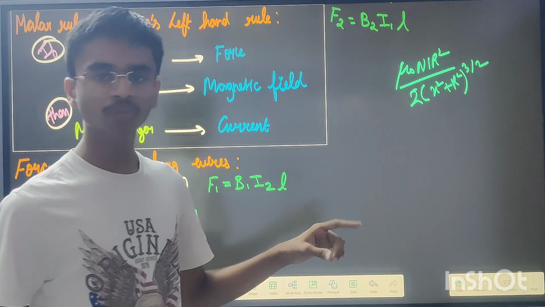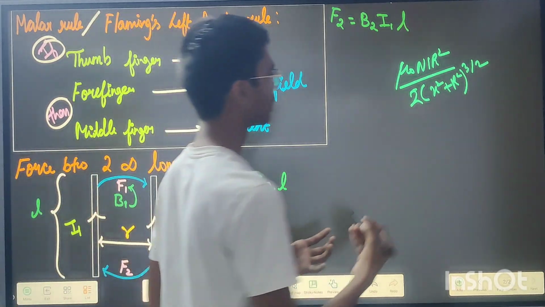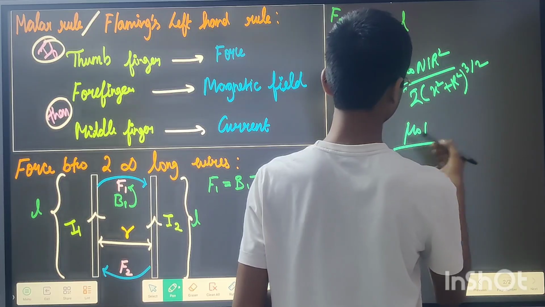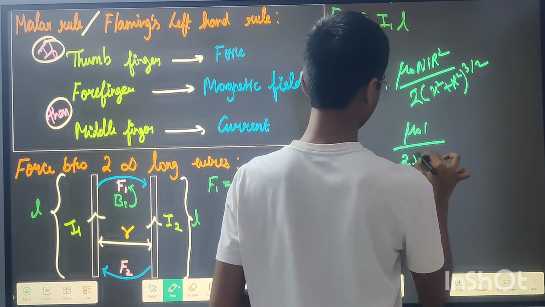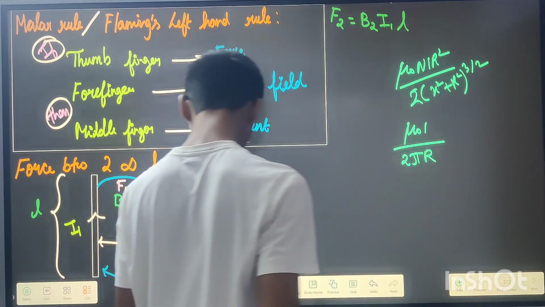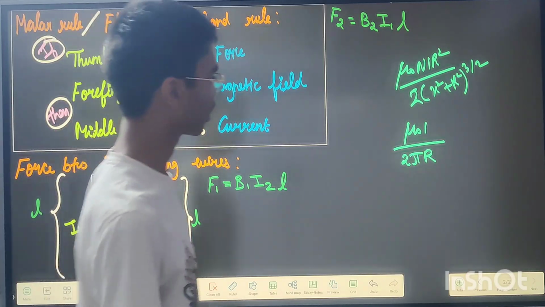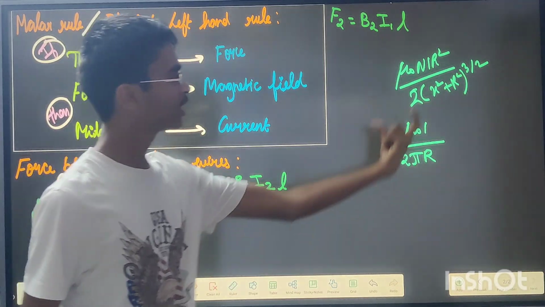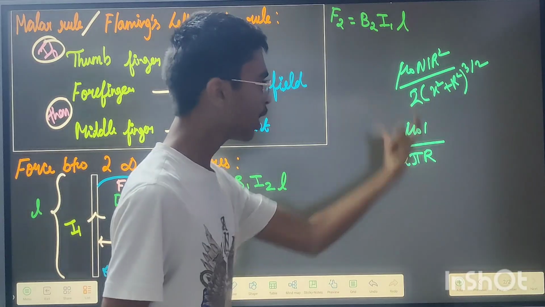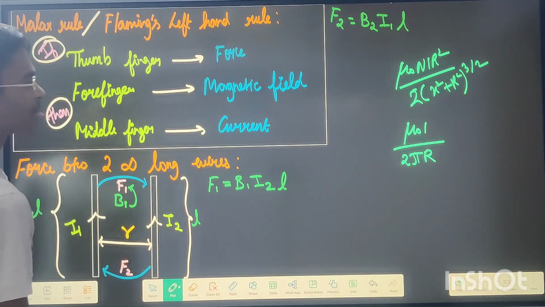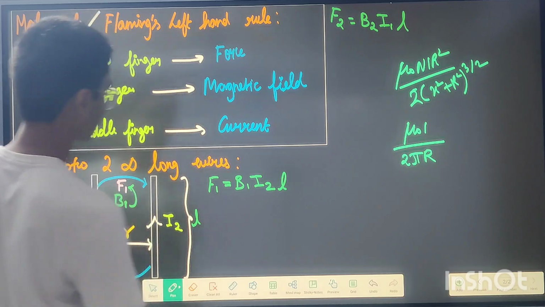Then for a uniformly lengthy wire, it is going to be mu naught I divided by 2 pi r. This is also correct. This is for a lengthy wire, this is for a circular loop. We proved all these in our previous video, that is why I can remember them.